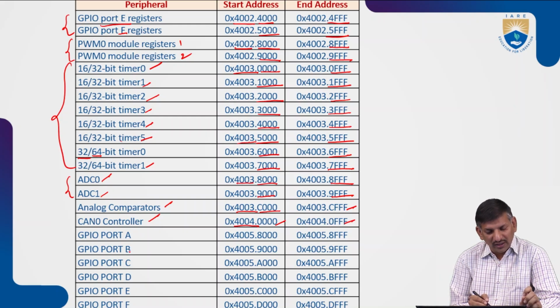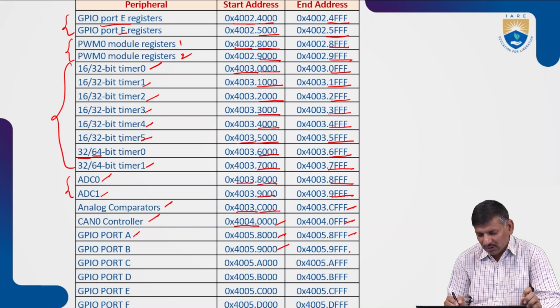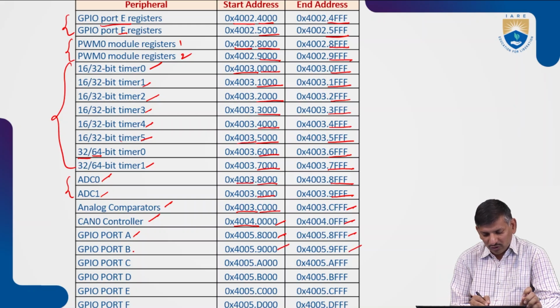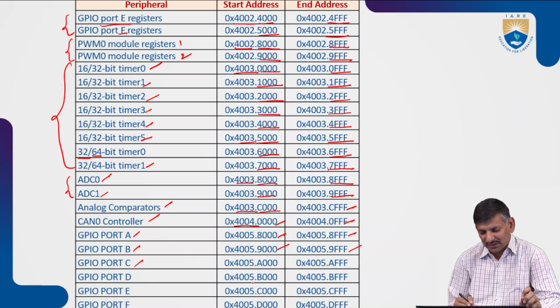Next, it contains different I/O ports. Each port address is, port A, 8000 to 8FFF, port B, 9000 to 9FFF, port C, all these are 4005 series, A000 to AFFF. Port D, B000 to BFFF.